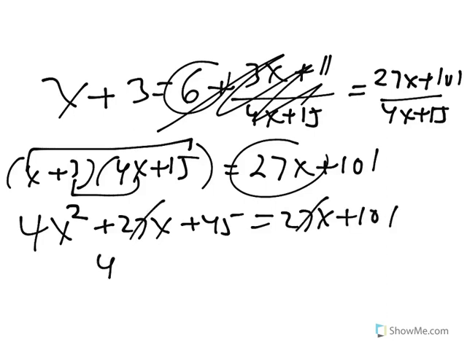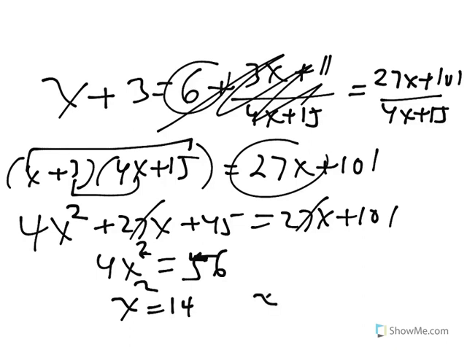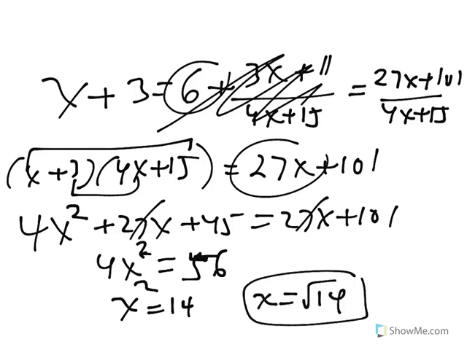Subtract the 27x from both sides. Subtract the 45 from both sides. You get 56. 56 divided by 4 is 14. And x is the square root of 14. And there are ones with even more layers than that, but that's certainly a lot of layers for the challenge question.